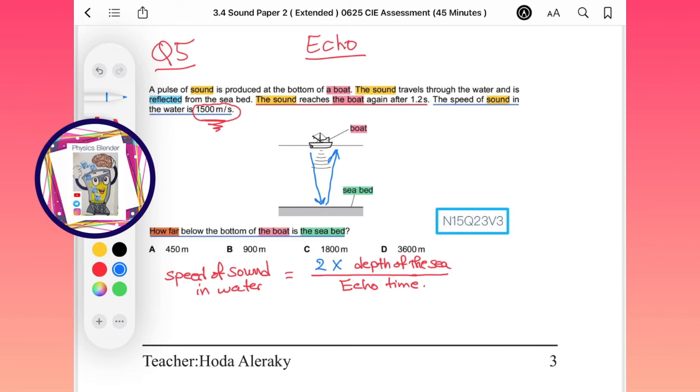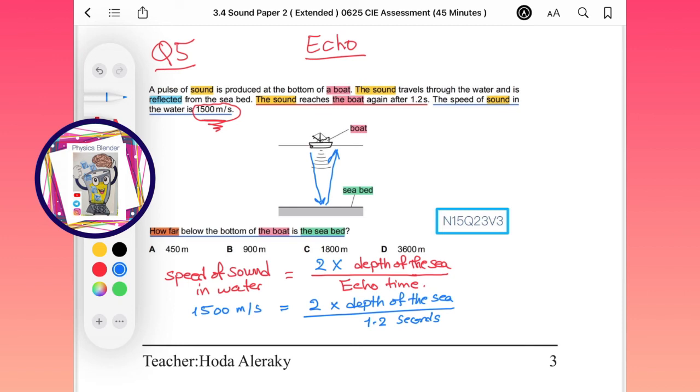So when you substitute here, the speed of sound in water is equal to 2 times the depth of the sea, which is unknown, divided by the echo time, which is given, 1.2 seconds. Check that all the units are consistent and you are using the correct equation. Okay.